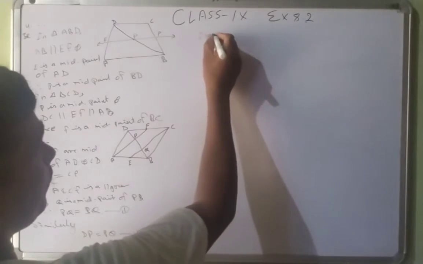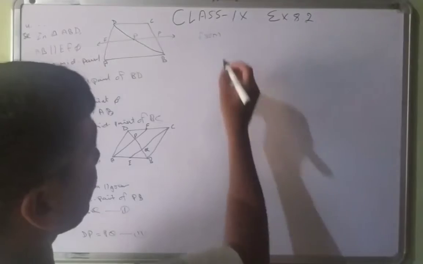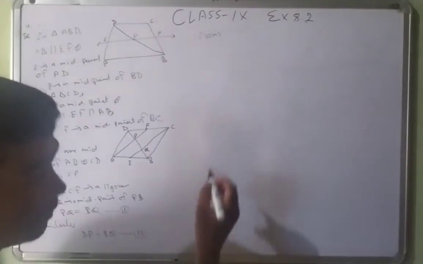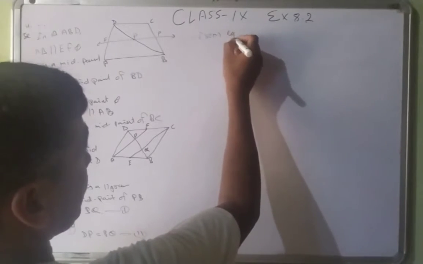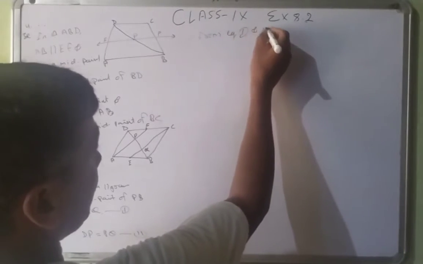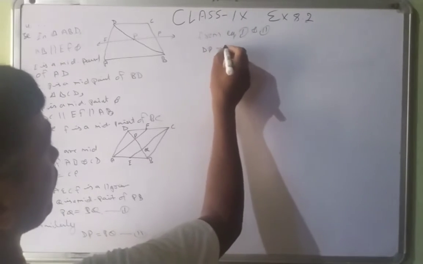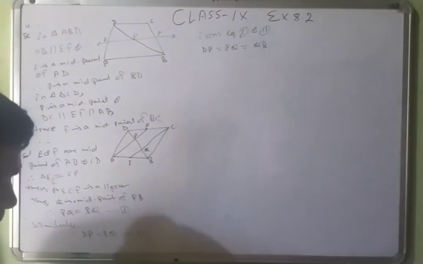From the first and second equations, DP is equal to PQ is equal to QB.